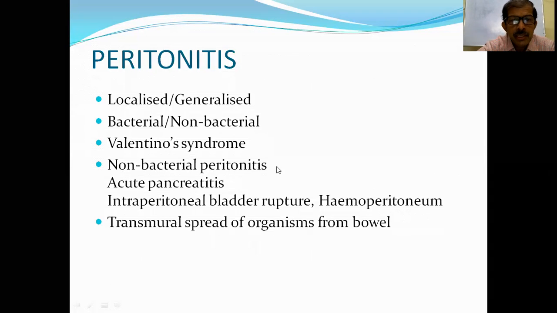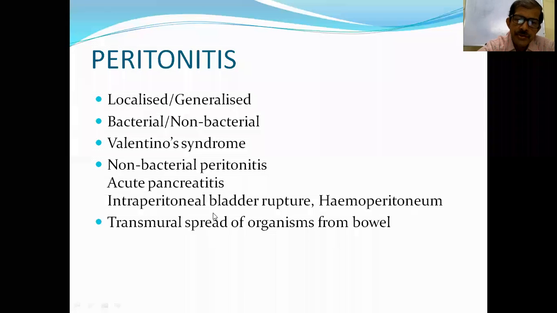Then non-bacterial peritonitis is commonly seen because of acute pancreatitis, intraperitoneal rupture of the bladder, and hemoperitoneum due to trauma. Suppose there is hemoperitoneum, initially at least there is non-bacterial peritonitis. Then what is the reason initially non-bacterial can become bacterial?